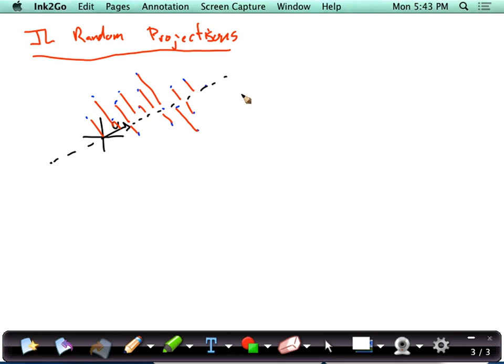So what does it mean to pick a direction u at random? What does that even mean? The question is already interesting in 2D, right? What would it mean to pick a direction at random?